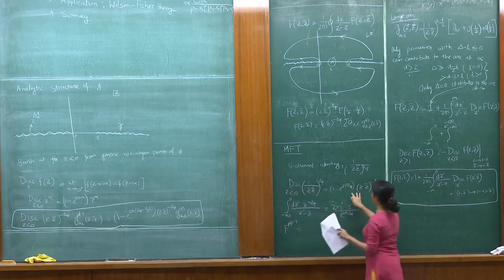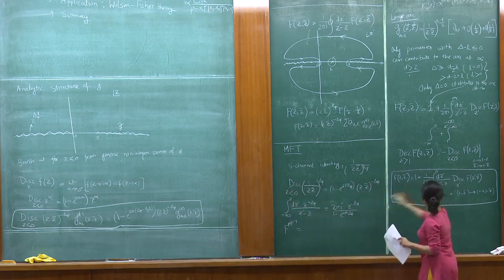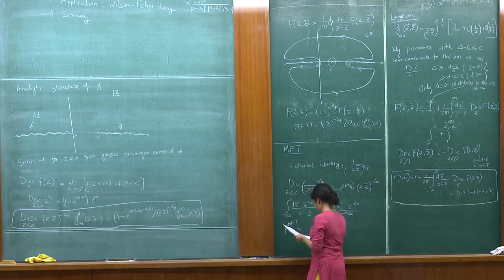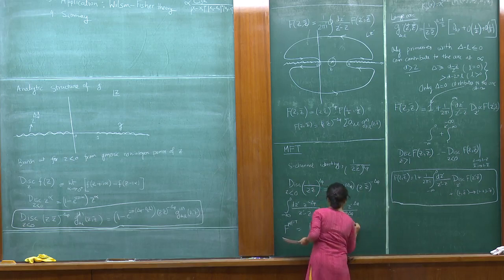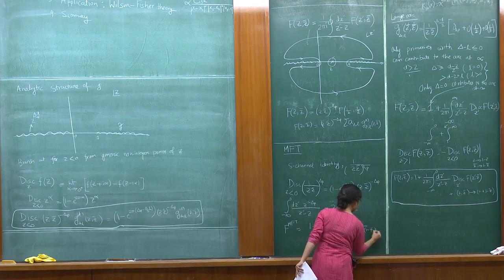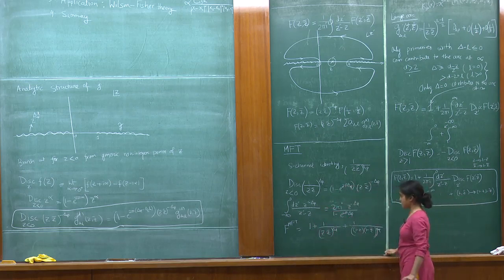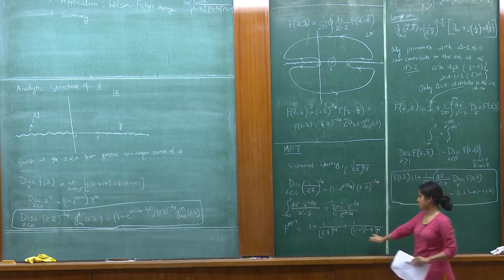Now we plug it in this expression, and this is what we get. This part comes from the crossing symmetry. So this is exactly the Wick contracted correlator.